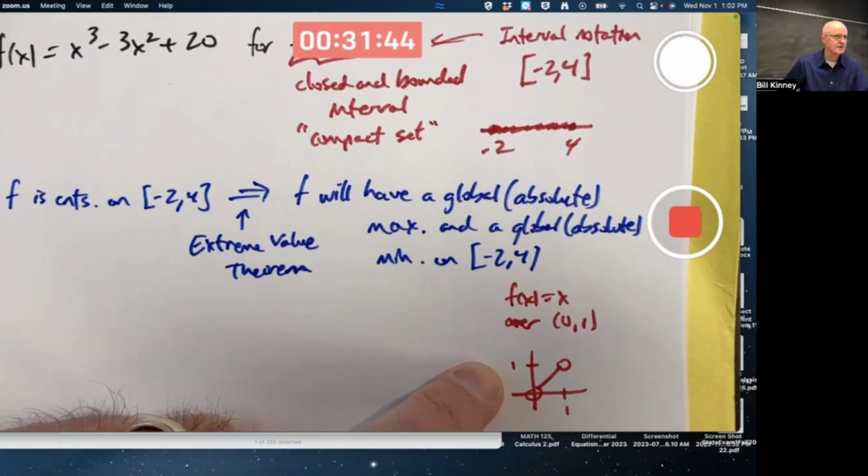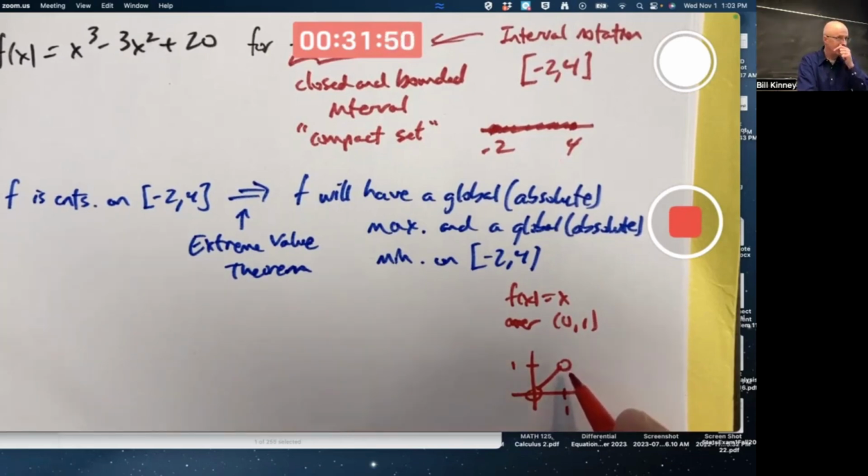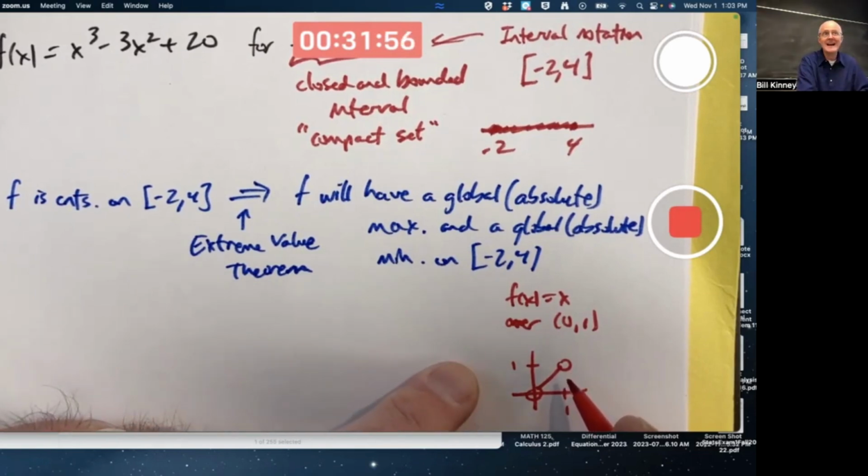You might wonder, well, isn't 1 the highest point? The answer is no, it never gets to 1. It gets really, really close, arbitrarily close. In fact, you can get to 0.9, you can get to 0.99, you can get to 0.999, 0.99999, 0.9999999. In fact, you can get to 0.any finite number of nines, but you don't get to 1.